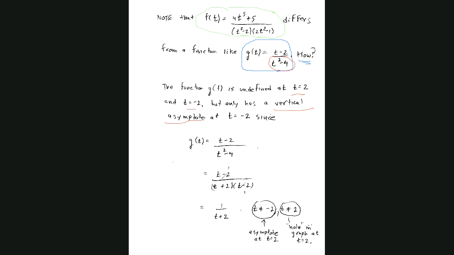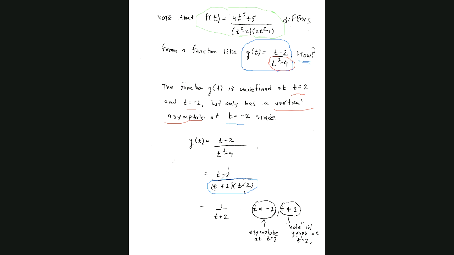Even though for the g of t function we have 2 factors, t squared minus 4 factors into t minus 2 and t plus 2, we still only have one vertical asymptote at t equals negative 2. Because the factor t minus 2 simplifies out.